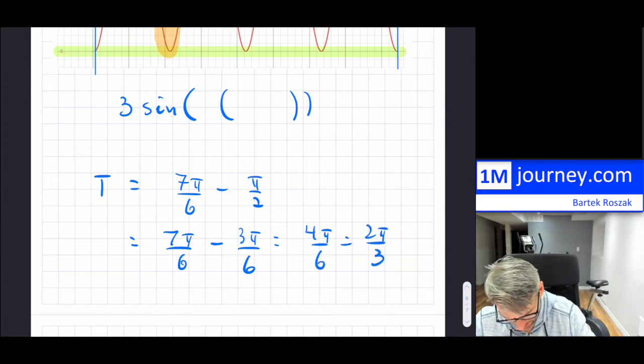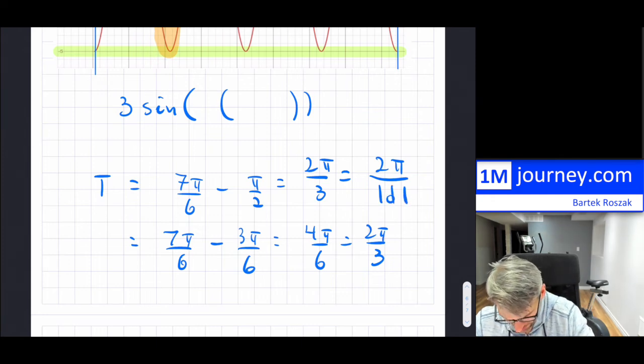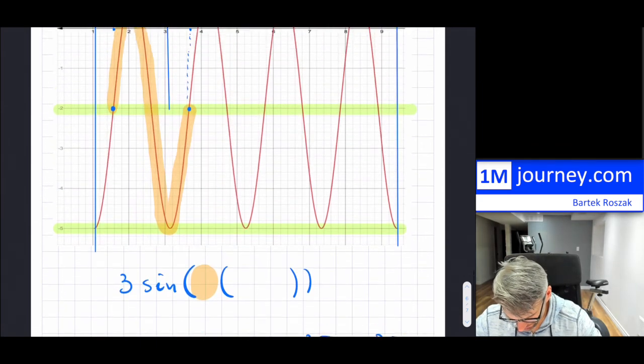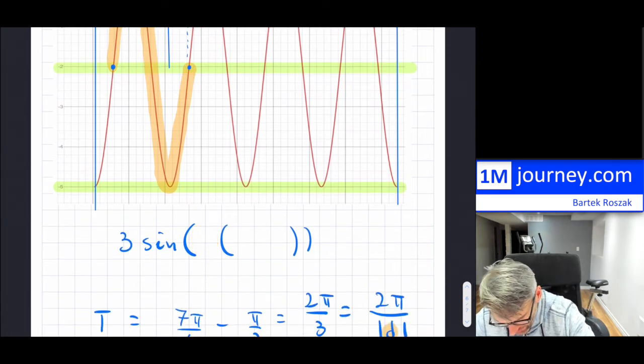So that's the period. So 2 pi over 3 is equal to 2 pi all over whatever we need to put in here. That's your D. So that means it's 3. That was mean. Okay, so that's 3.